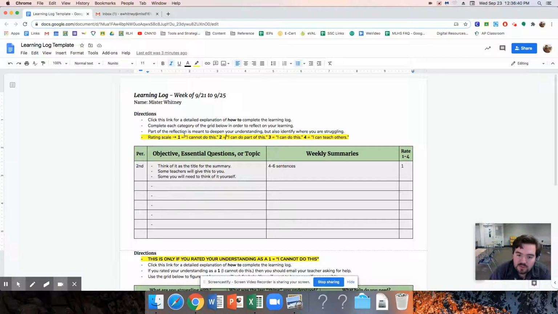And then, of course, number 3, right where you want to be: I can do it. Teacher said, this is what we're doing this week, and I can do it. It's just that simple. Then number 4, you're a rock star, and you could actually teach others how to do it. Okay? But if you're a 4, awesome. But we're really just aiming for that 3. Okay? We're aiming for the 3.